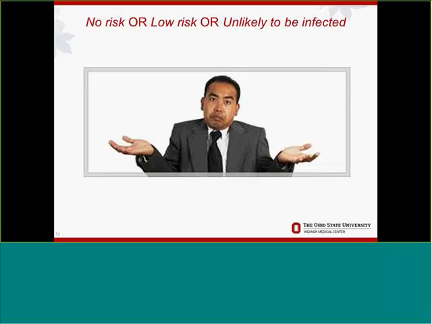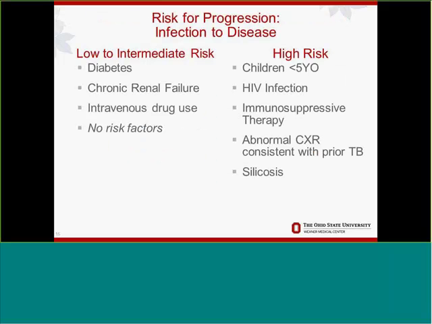Falling within that are the people that will come in and say, I just was told that I need to come in and get a PPD done or a TB test. I don't know why my employer is making me do this, and they don't really have any other previous exposures. Their employer is just making them come in to do this pre-employment testing, whatever that may be. And so there are different ways that we approach each one of those.